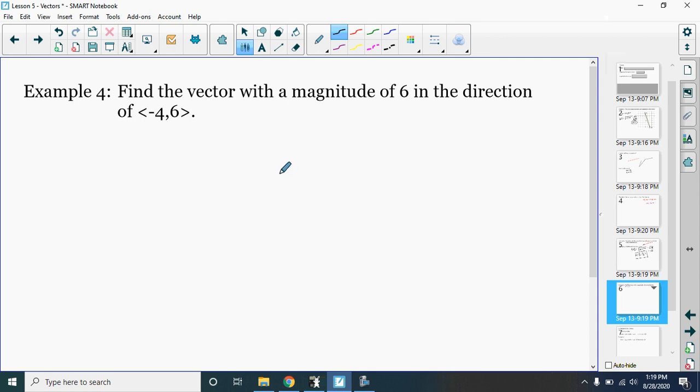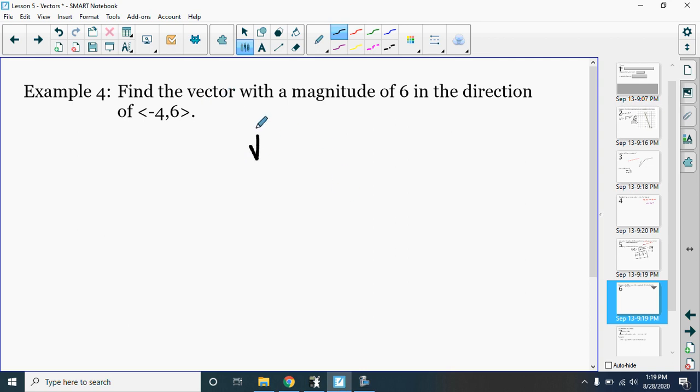Example 4. Find the vector that has a magnitude of 6 that is in the same direction as the vector negative 4, 6. So we're going to start by finding the unit vector. Get the unit vector.